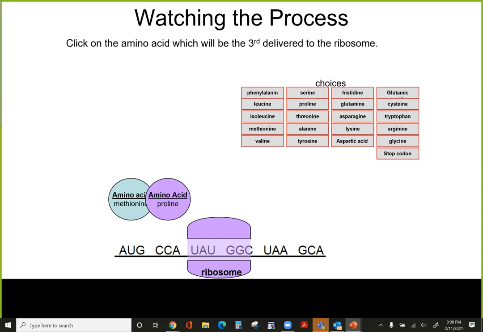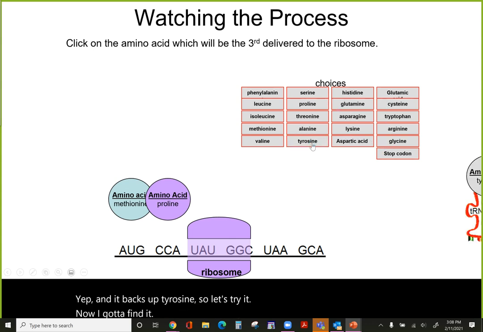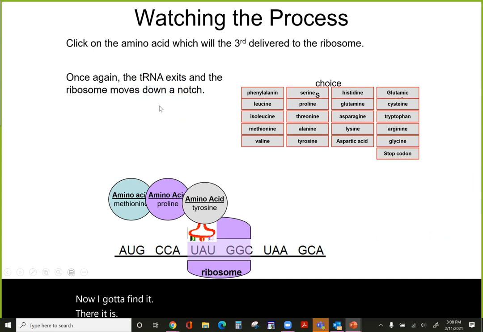Amy says tyrosine. Somebody want to back her up? Yep, Hannah backs her up. Tyrosine. So let's try it. Now I gotta find it. There it is. Good deal.